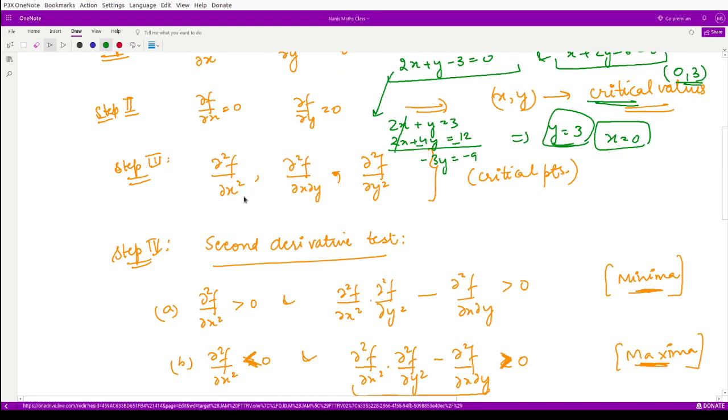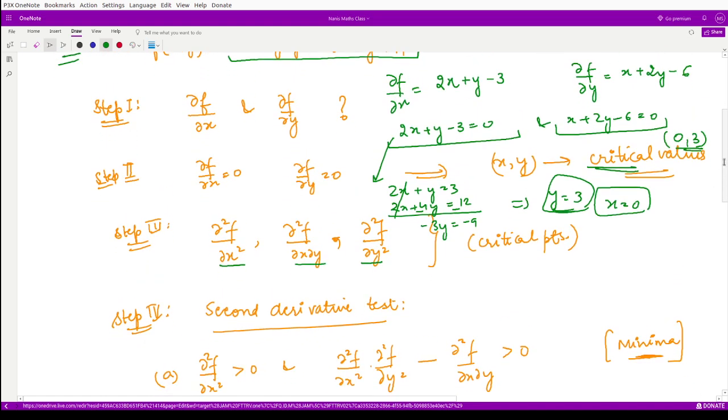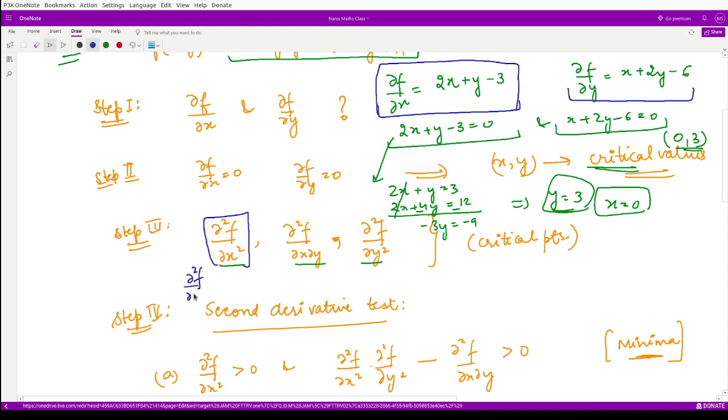Now you have to determine the double derivatives. You can obtain them from these single derivatives. When you differentiate this function with respect to x again, del 2f upon del x2 in this case would be equal to 2.